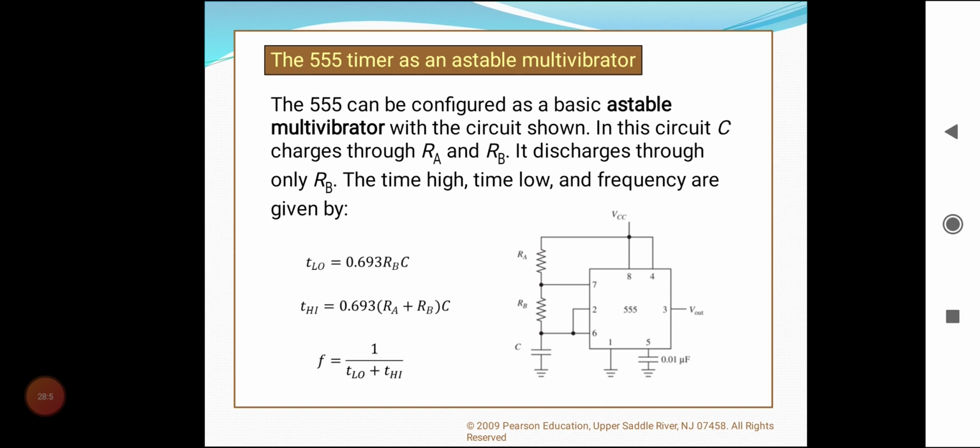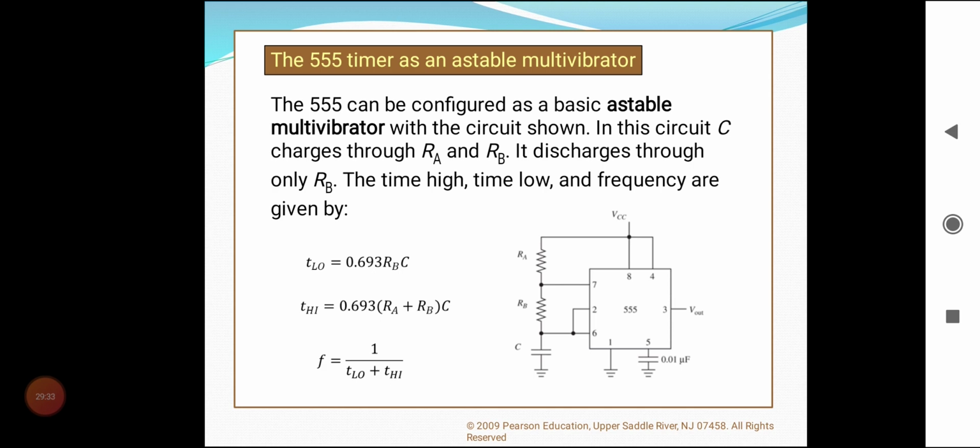The 555 timer can be configured as a basic astable multivibrator with the circuit shown. In this circuit, the capacitor charges through RA and RB, and it discharges only through RB. So the capacitor is charging through RA plus RB from the VCC supply, but discharging only through RB.